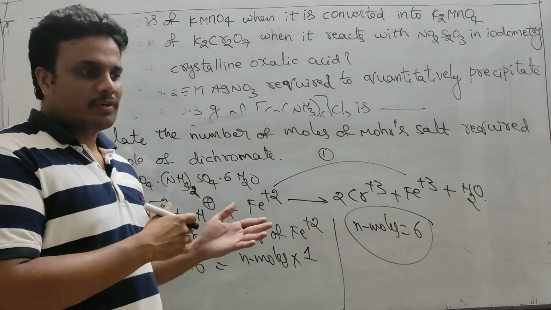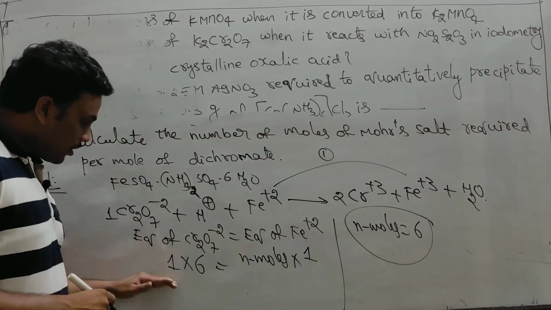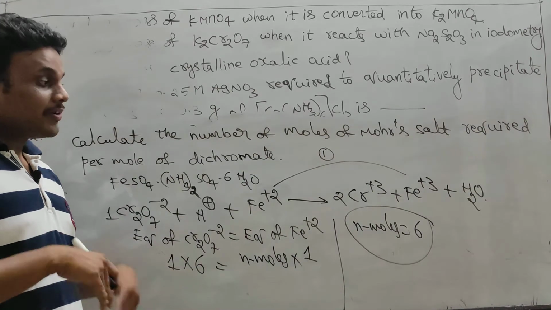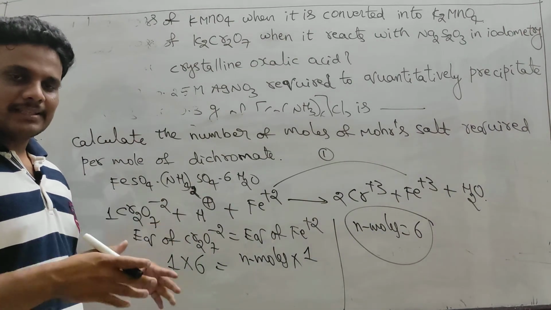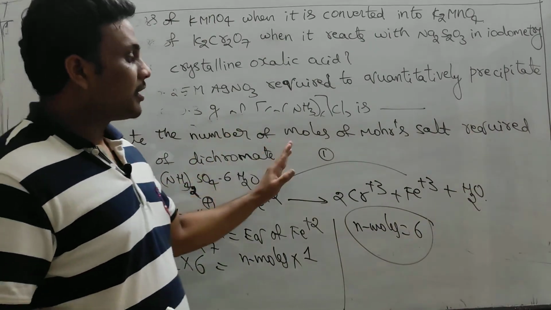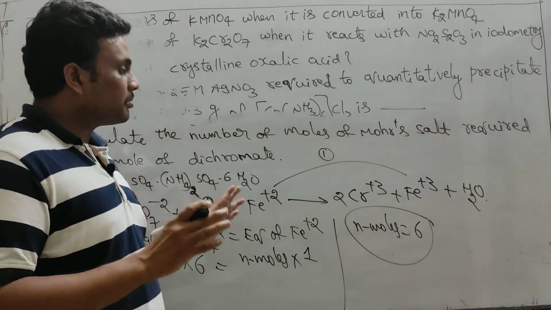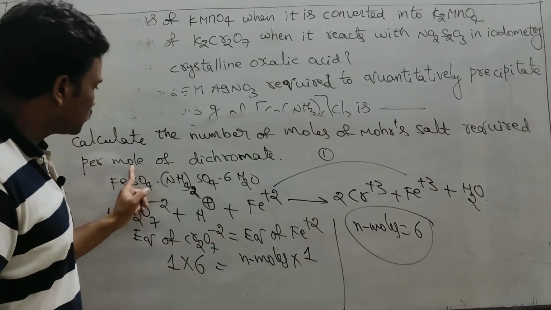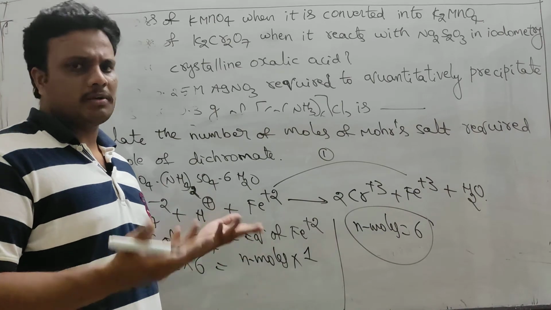In one case I have used molarity into volume into n factor. In this numerical, number of moles into n factor, because number of equivalents has various formulae. In different numericals, you can use different relations. Once again I am telling you, this is strictly based on the given information, not on your thinking. Because moles of Mohr's salt asked, moles of dichromate given, and the moles equivalence relation we know, number of moles into n factor.